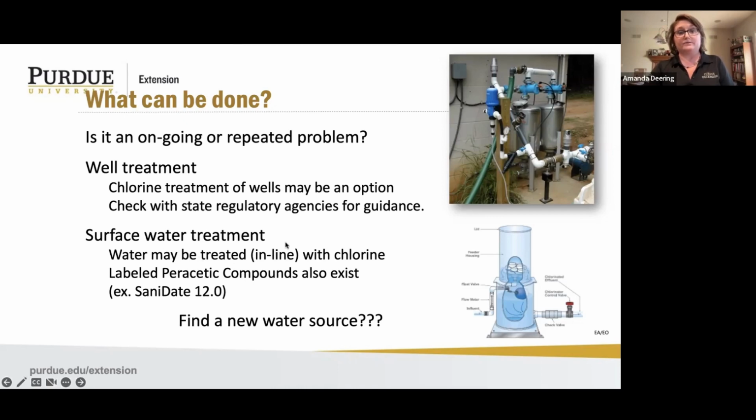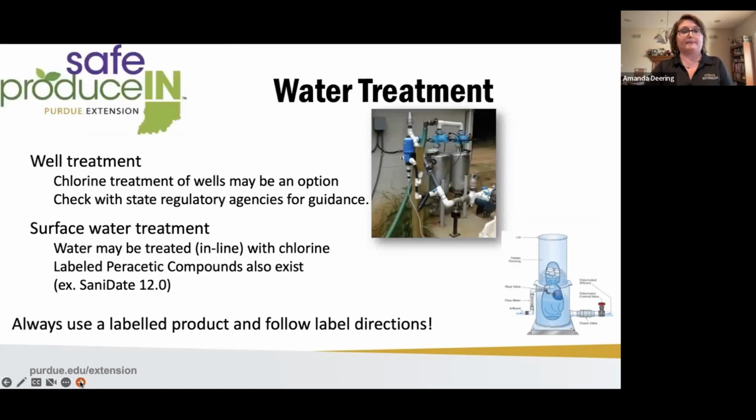Or, if it's surface water, maybe you have to add some sort of sanitizer in there to use it. Or maybe you have to find a different water source. It just depends. And again, always make sure if you're using any of these sanitizers that you follow the label.